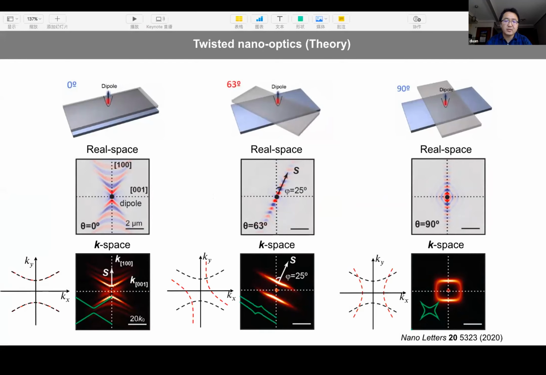The physical mechanism behind it is just the electromagnetic coupling, not related to Moire physics. So we define this magic angle as the angle at which we have the flat isofrequency curve, and we have the canalization of the phonon polaritons.